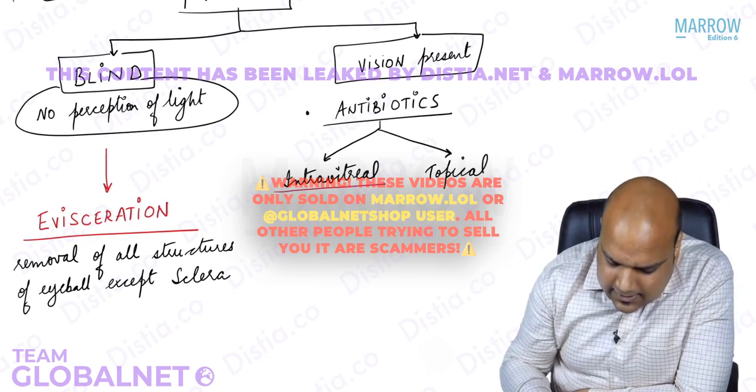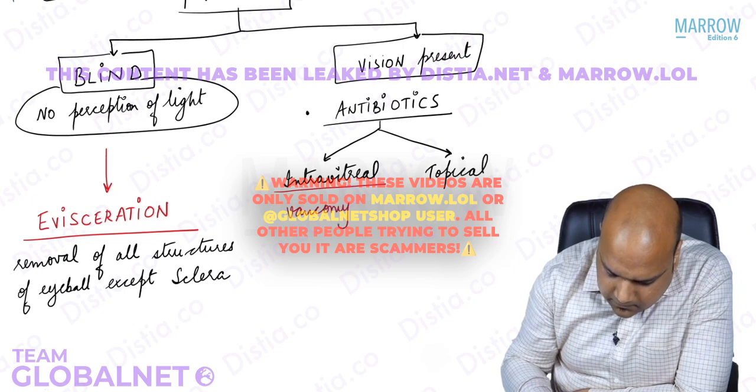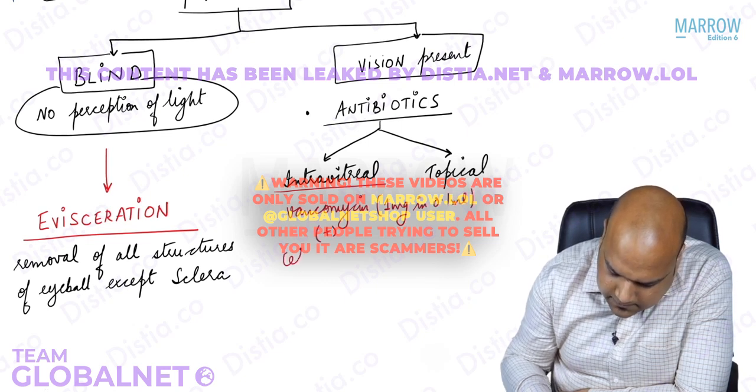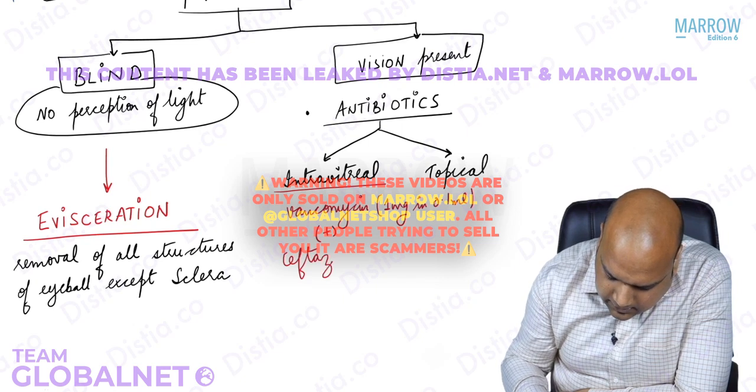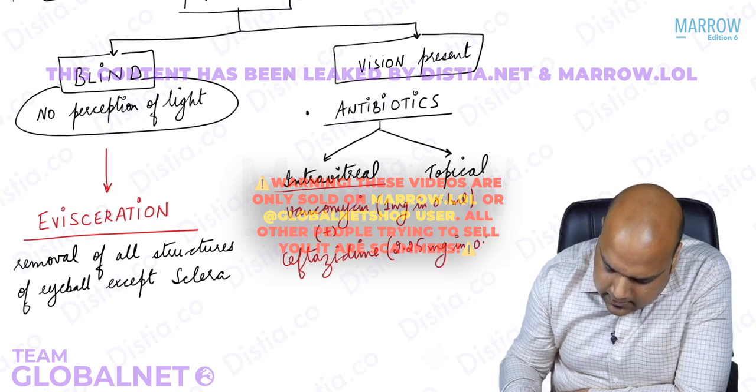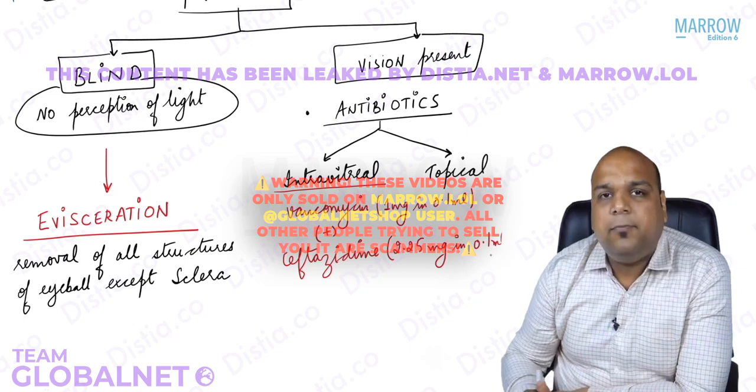Intravitreally, the antibiotics that we give are vancomycin, the dosage is 1 milligram in 0.1 ml, plus ceftazidime. Ceftazidime is 2.25 milligram in 0.1 ml.